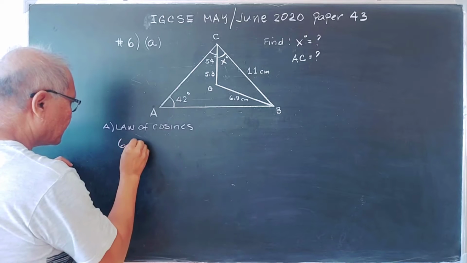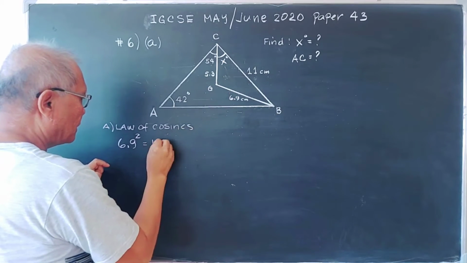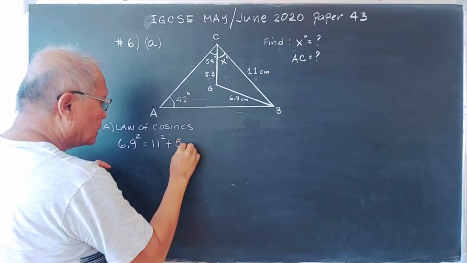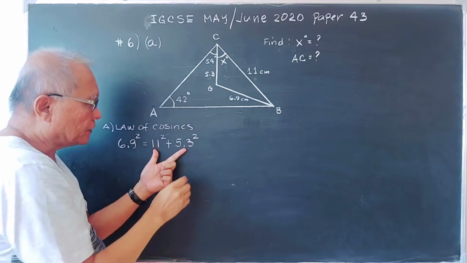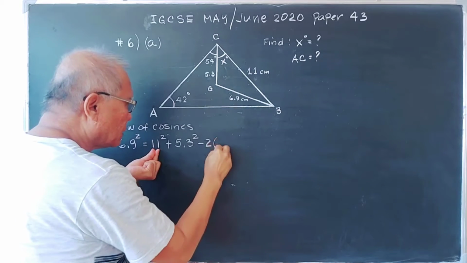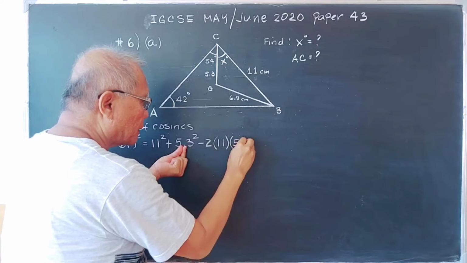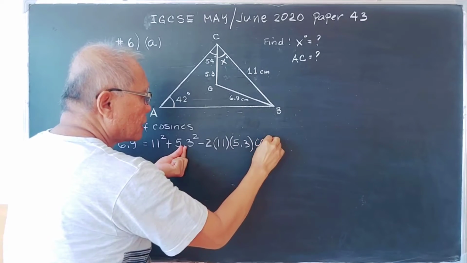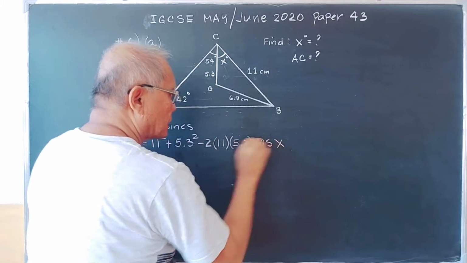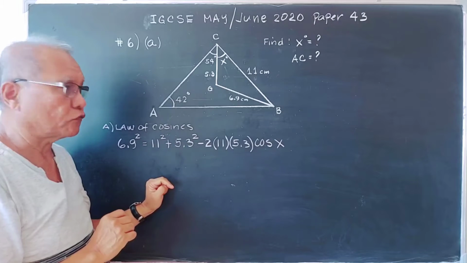So we have 6.9 raised to the second power equals 11 squared plus 5.3 squared, and then minus 2 times this side, which is 11, times the other side, which is 5.3, and then cosine of the sandwich angle, which is X. So this is our equation to solve for X, the law of cosines.